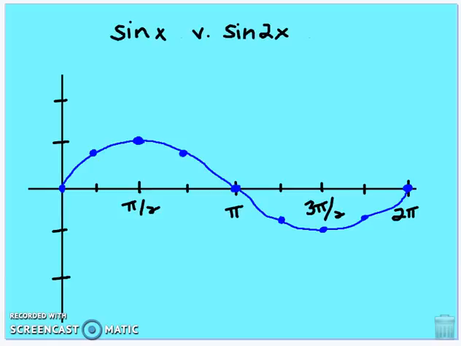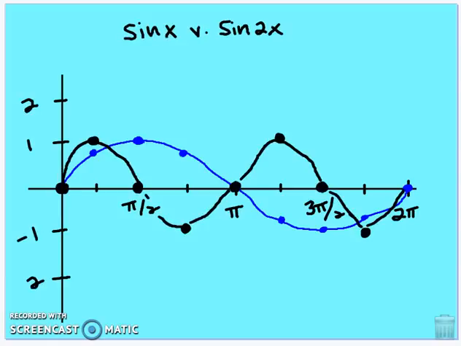Sine x, parent function, to sine 2x. Now what's changed is that between sine x and sine 2x, the graph has been compressed by a factor of 2. Right? So we had previously had sine x, the period was 2 pi, and here b is equal to 2, so 2 pi over 2, now my period is equal to pi.